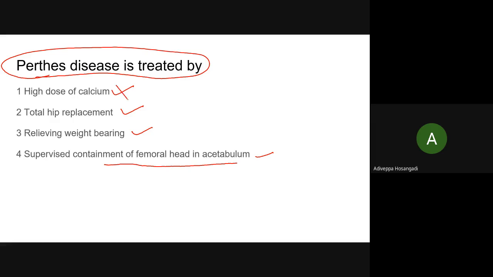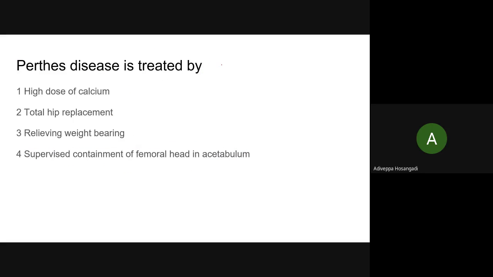High dose of calcium is arbitrary. Total hip replacement, certainly not, because it is a disease of childhood; replacement you do generally in adults. Relieving weight bearing is only sometimes, but definitely not a treatment. So most important is supervised containment of femoral head.